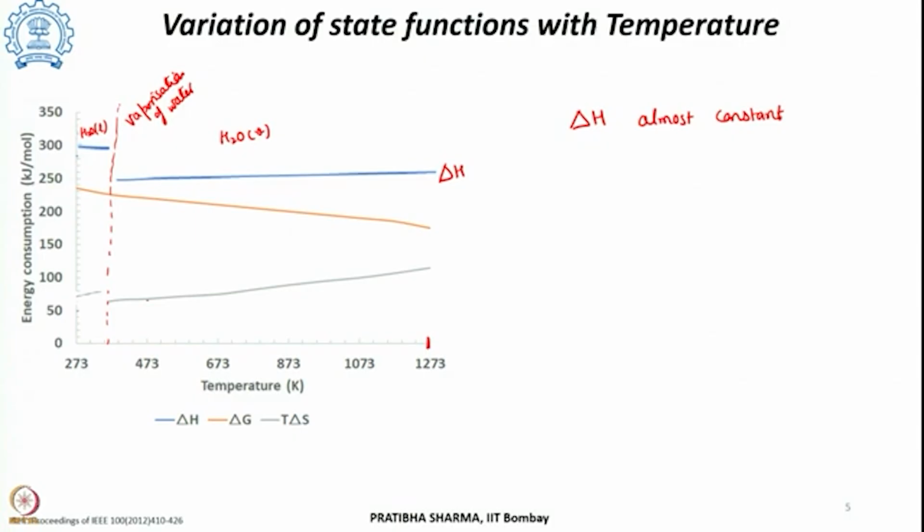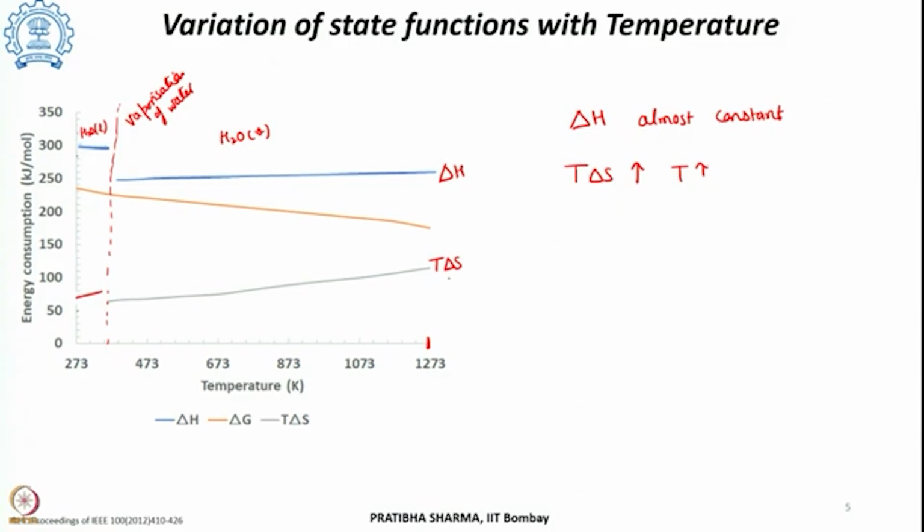If we see the value for T delta S, again there is a discontinuity in the beginning, that corresponds to the vapor phase, and this discontinuity corresponds to the vaporization of water. So, T delta S, we can see that it increases as the temperature of operation increases.